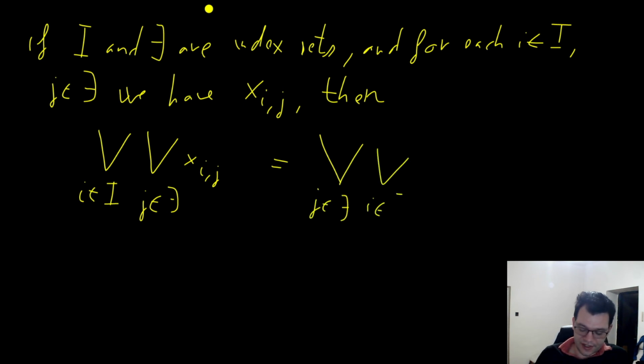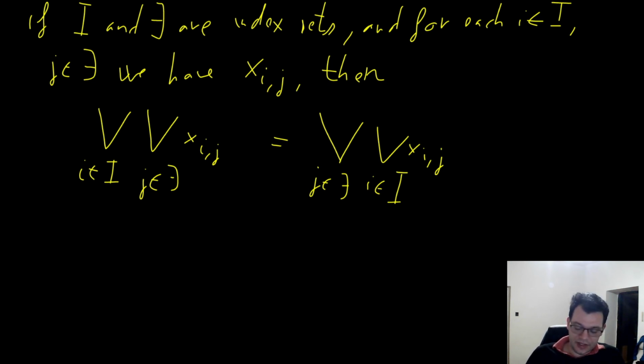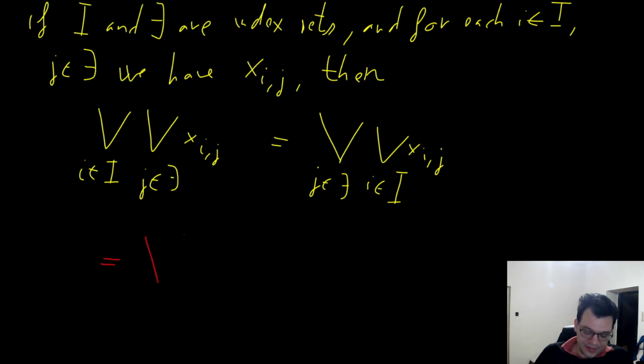So if I have two supremum operators next to each other, then I can just swap them, assuming that the indexing of the innermost one doesn't rely on the indexing of the outermost one. So it can be swapped if they are just standing next to each other. And in fact, this is the same as taking the supremum of all the x_ij's, i in I, j in J.